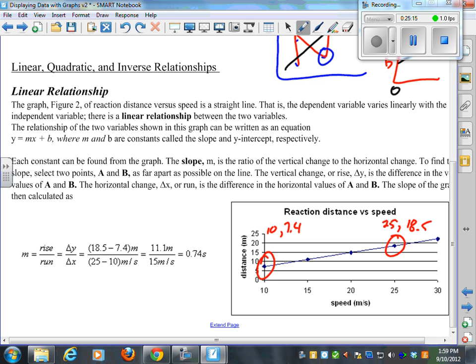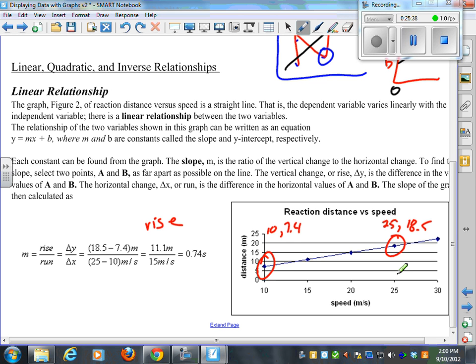How do I find the slope here now? Do you always take the one on the right first? Take the 18.5 first? That's right. So it's going to be 18.5 minus 7.4, giving me a rise of 11.1.